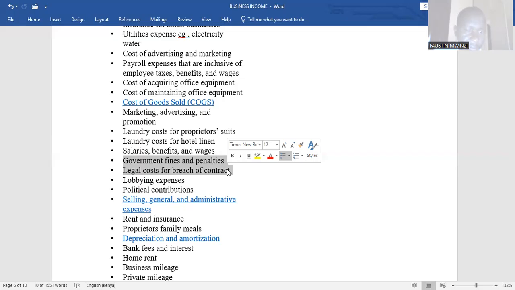They're not really essential in running the business. There's express provision for these ones. And we talked about illegalities. If you have to pay a fine, you have to pay a penalty, you incur legal costs for breaching a contract, those ones are not allowable because of their illegal connection.